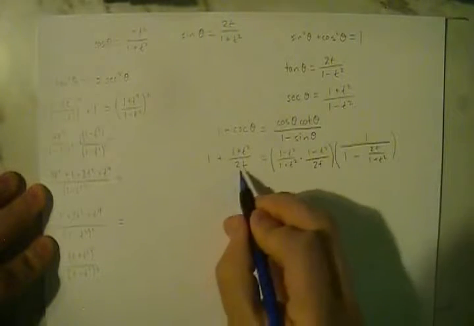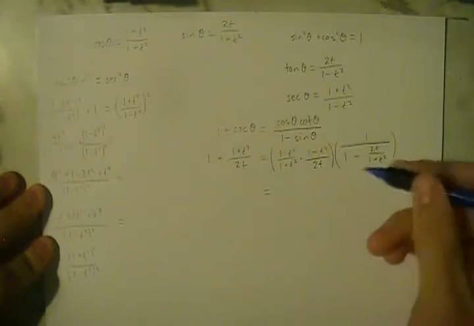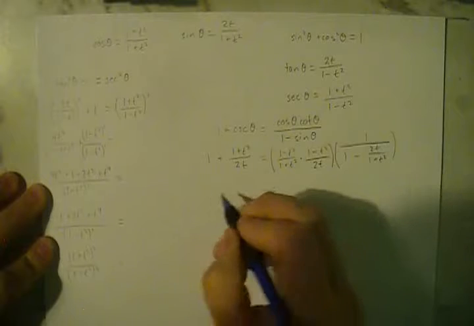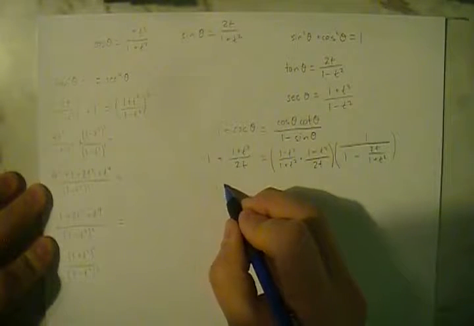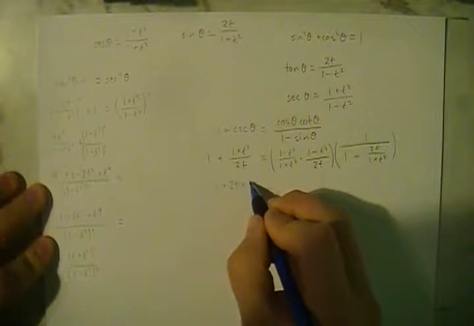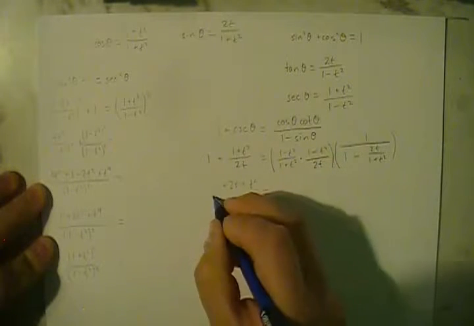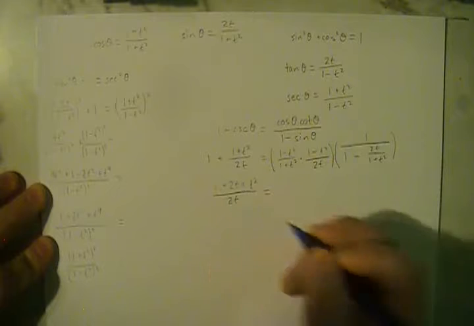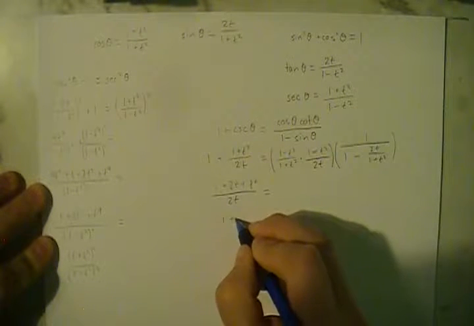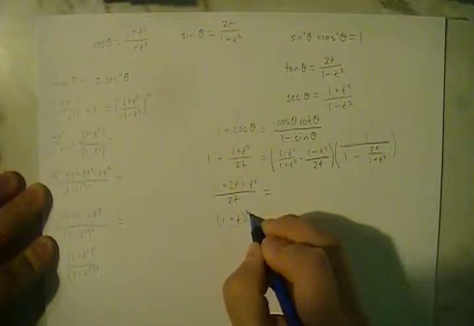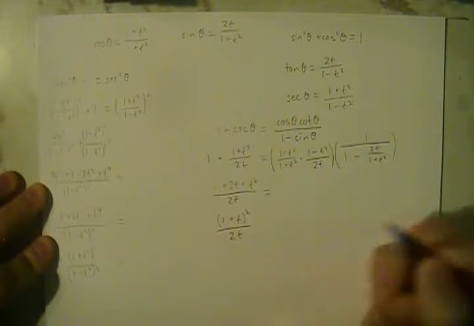Alright, so the goal now is to just simplify this and show that each side of this equation matches up. So we have 1 plus 2t plus t squared on the left hand side divided by 2t, which is just 1 plus t squared divided by 2t.